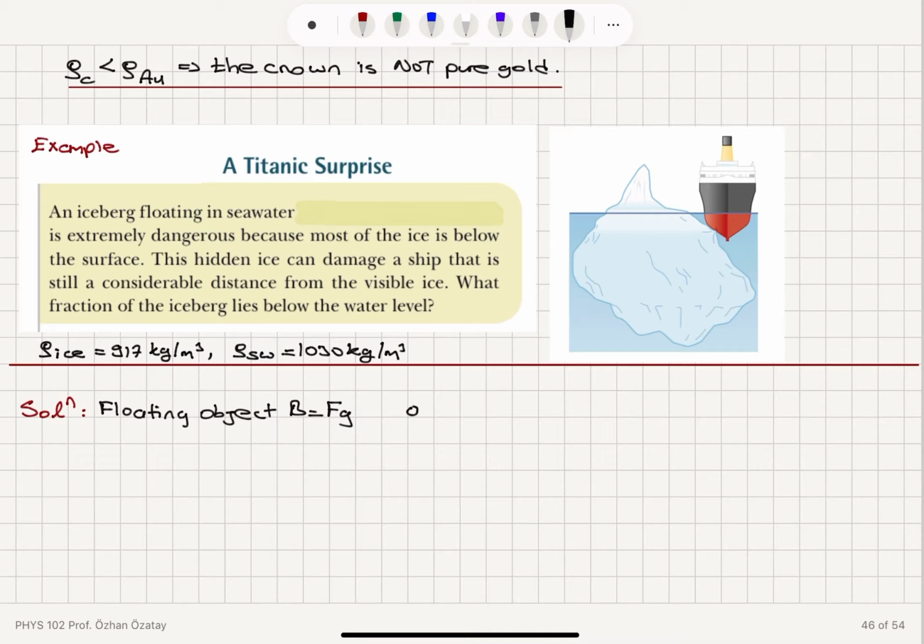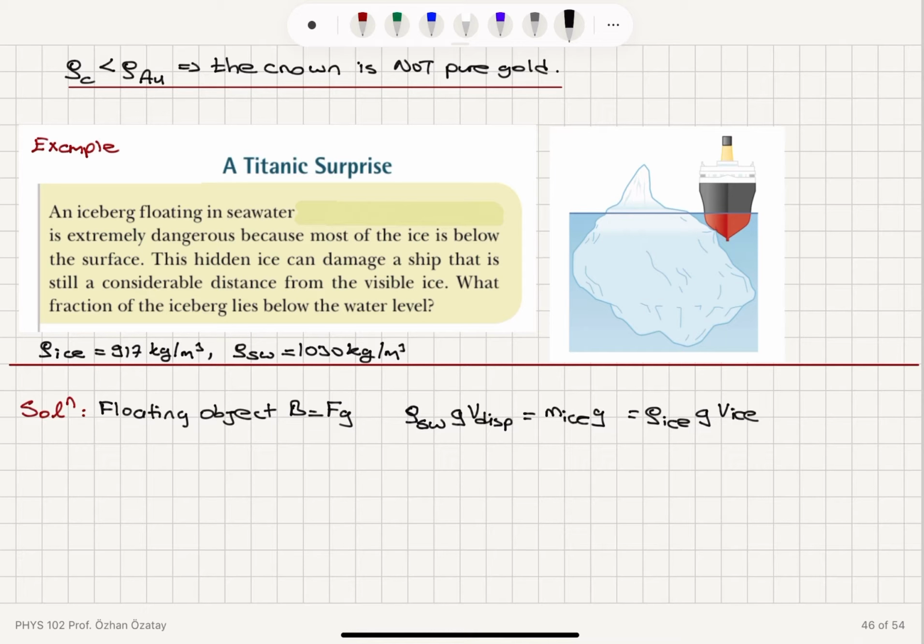It's the weight of the seawater displaced by the object, Archimedes' principle, rho SW g V displaced, and this must be equal to the mass of the ice times g, which is the density of the ice, g multiplied by the total volume of the ice.